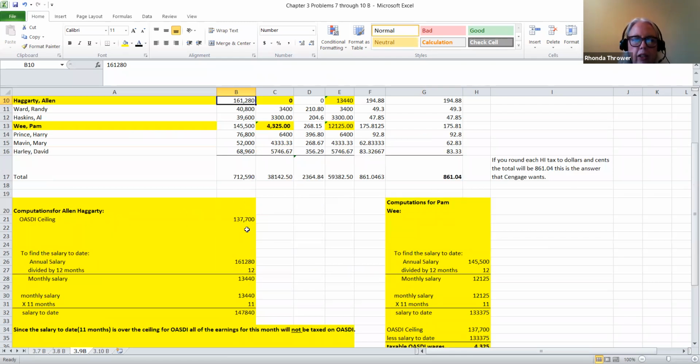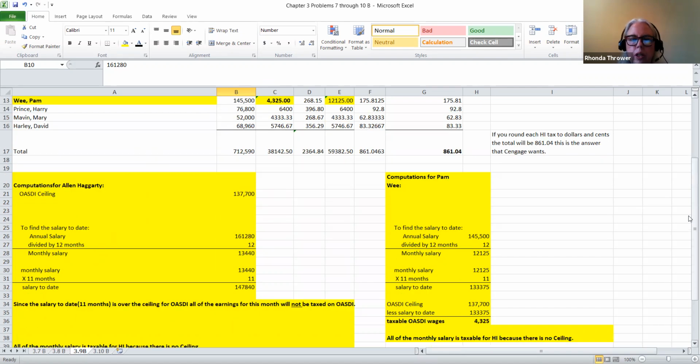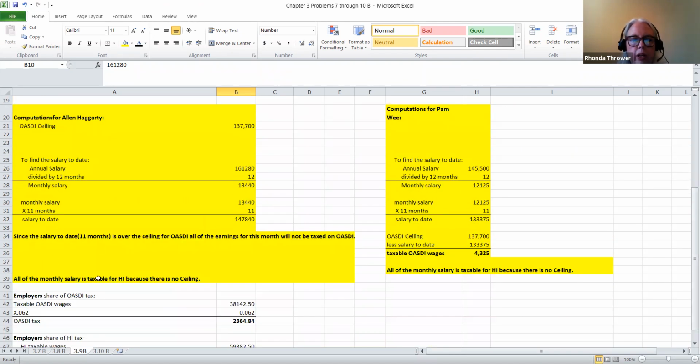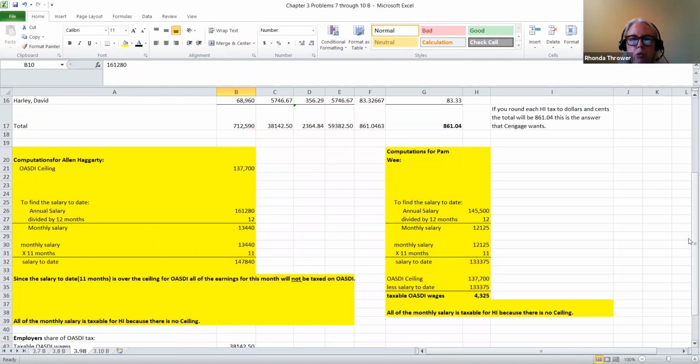I've shown you the computations to help you figure out the amount of the OASDI taxable wages, the amount of the OASDI tax that would be withheld, and the HI portion is also to follow right here, which is where we talked about the HI portion.